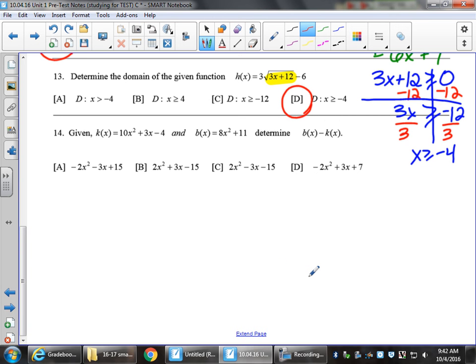Greater than or equal to 0, because we're saying what's underneath the radical can't be negative. It can be 0 or bigger than 0. So greater than or equal to. Do I need parentheses around b of x? No, I do not.